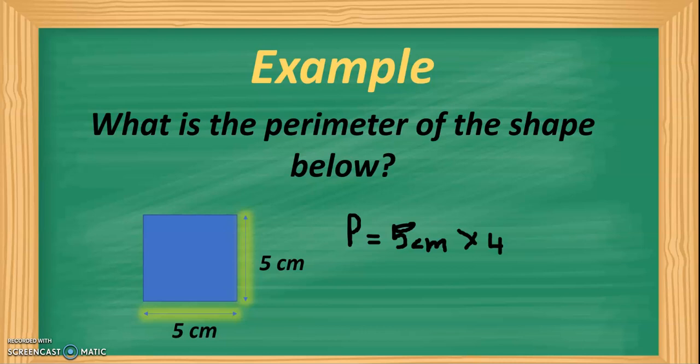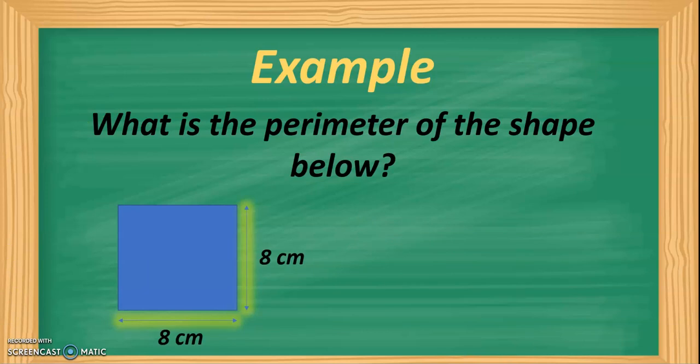When I multiply 5 centimeters by 4, I would end up with 20 centimeters. So that is another way of doing it. You can do either way. Your answer should still be correct. And we do this when we are working with a regular polygon.